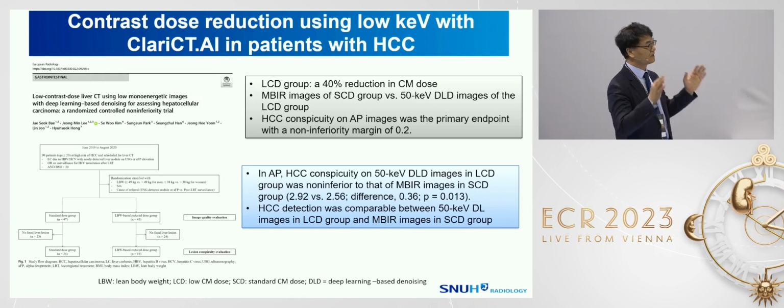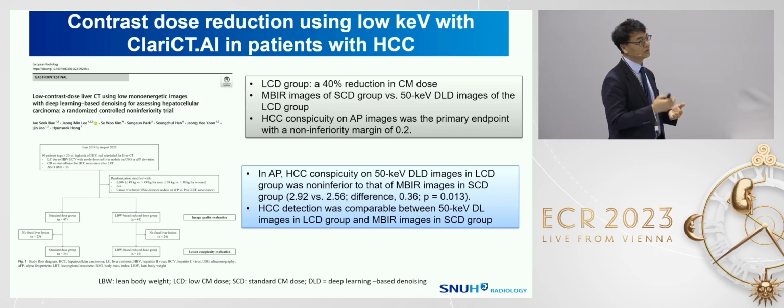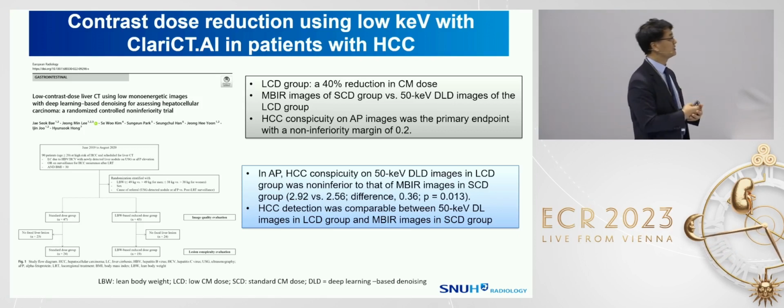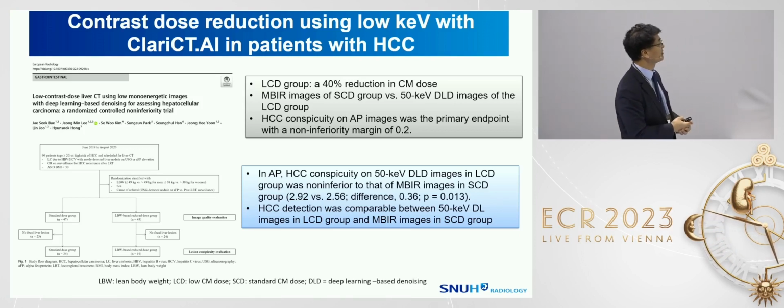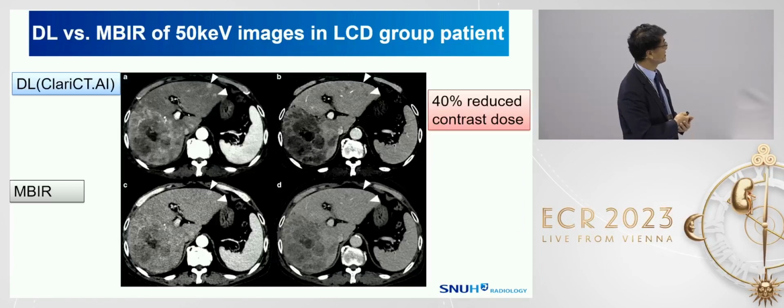So if standard dose patients use 100 milliliters of contrast, the low contrast dose group uses 60 ml of contrast media. The low contrast dose group CT images were reconstructed with ClariCT.AI, and the standard dose group was reconstructed with MBIR techniques.